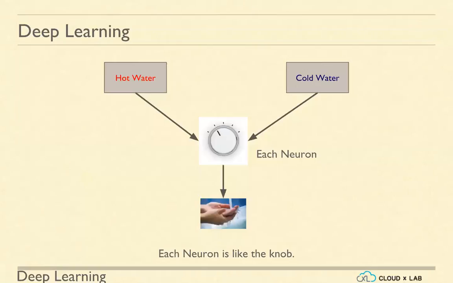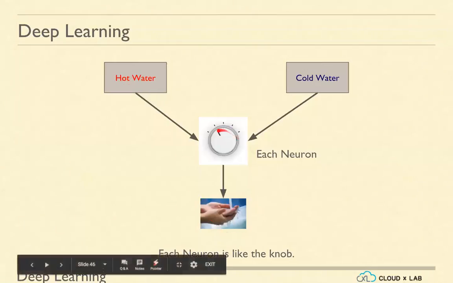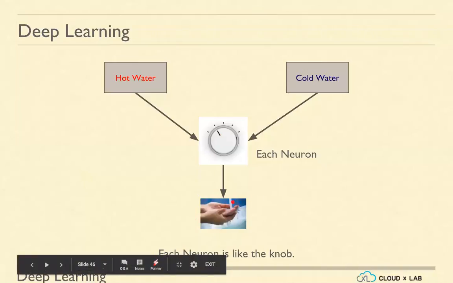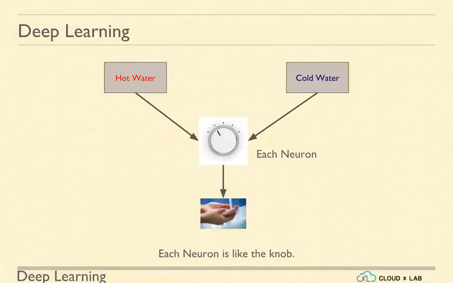So again, let me just describe again. Imagine that here we have one knob that is adjusting hot water and cold water, and we are getting some water like this. Then there is another knob which is adjusting between the acidic water and basic water, like the pH value, right?